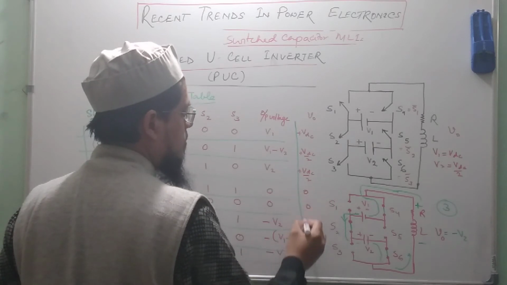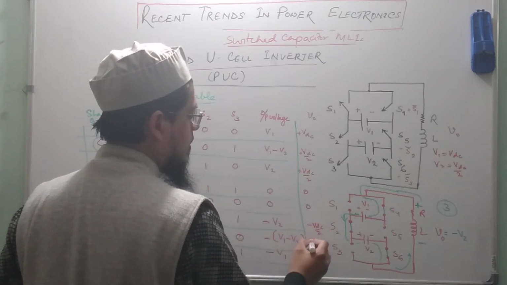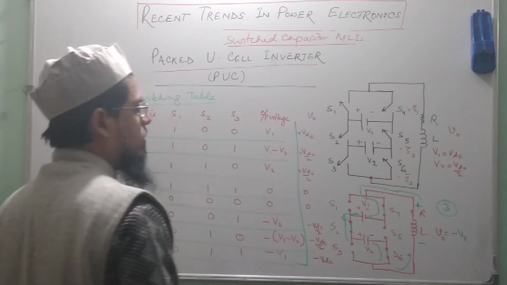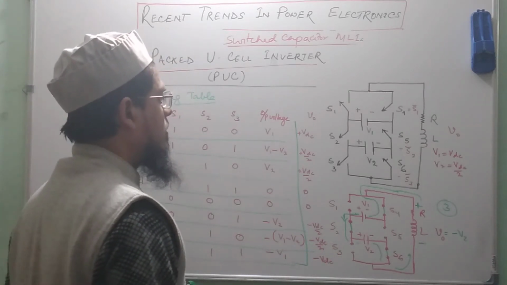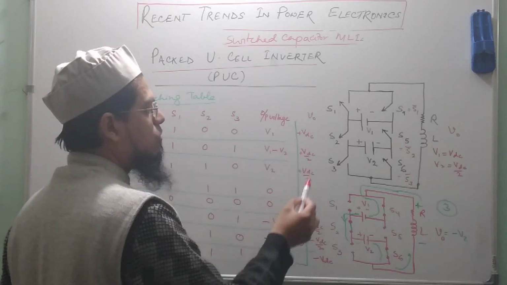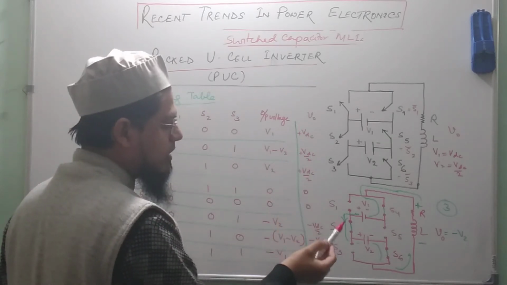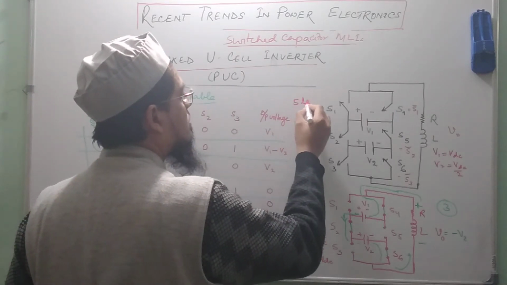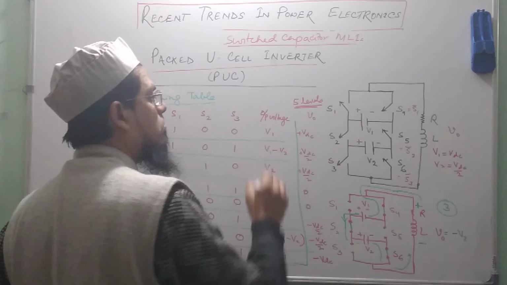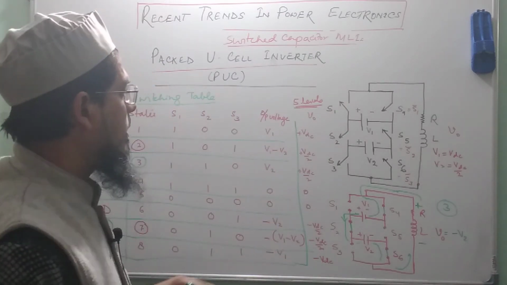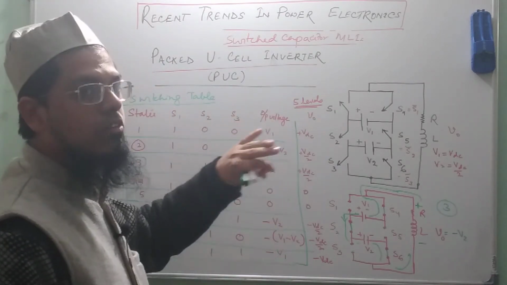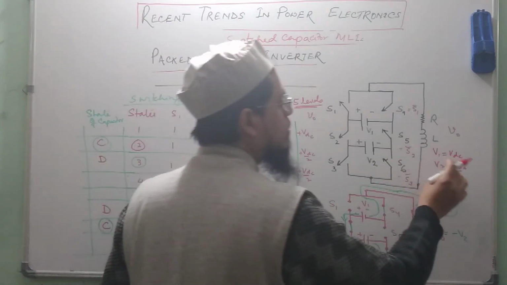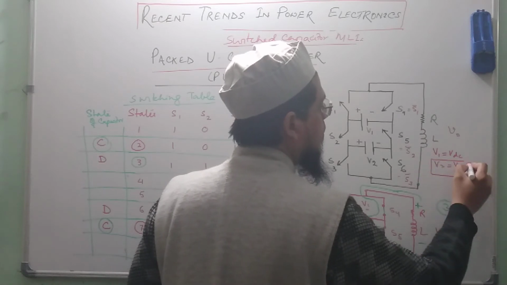This is 0, this is 0, this is minus VDC by 2, this is again minus VDC by 2, and this is minus VDC. So how many levels you could see? VDC, VDC by 2 and 0, and minus VDC by 2 and minus VDC. That means 5 levels in the output voltage. I am just talking about the output voltage levels. So 5 levels are being obtained if we keep this V2 equal to VDC by 2. Okay.